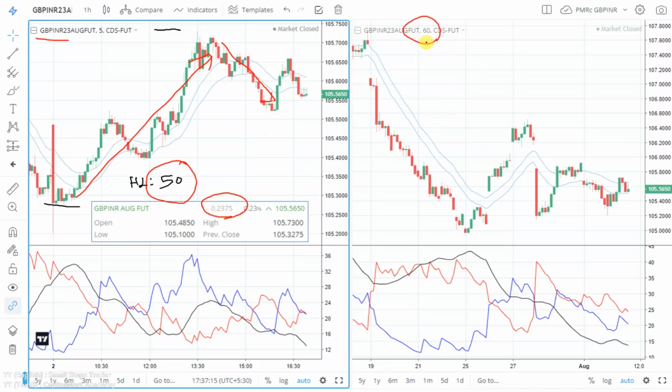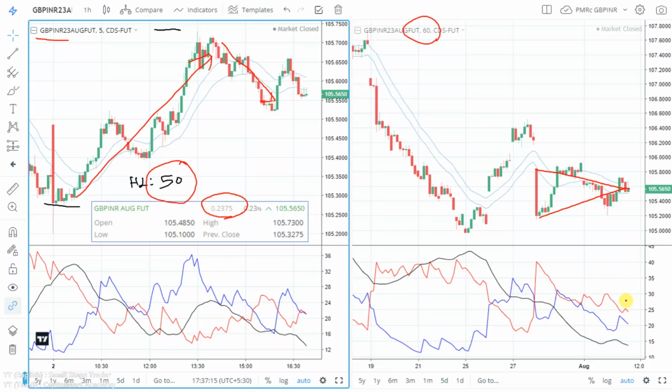On the 1 hour chart, again similar to Euro, it looks like a triangle. So this has to break on either side. Euro has a rectangle channel, but this looks like a triangle. Whatever it may be, it's sideways.